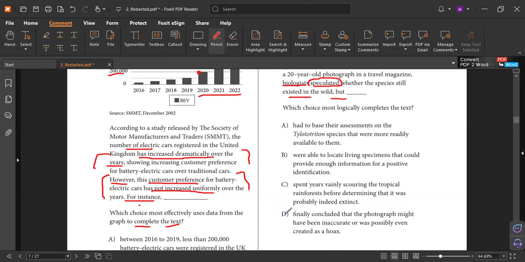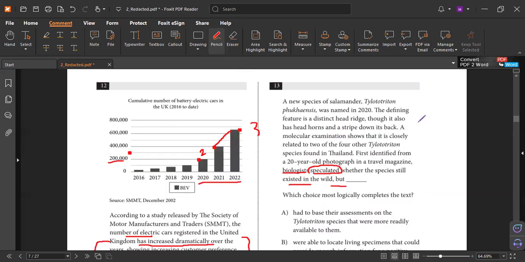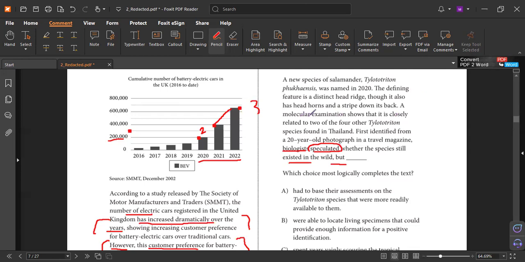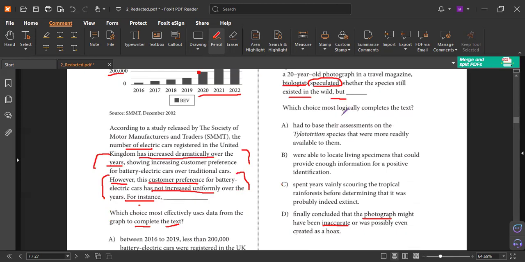He mentioned in letter D, the photograph might have been inaccurate, but we are not talking about the photograph. Do we have any photographs here? Or he mentioned examination. That means they caught a specimen already, not only photographs. This idea is not supported in this paragraph, but supported in general about the topic, but not in this. So anything not supported in the text or in the paragraph, don't use it.